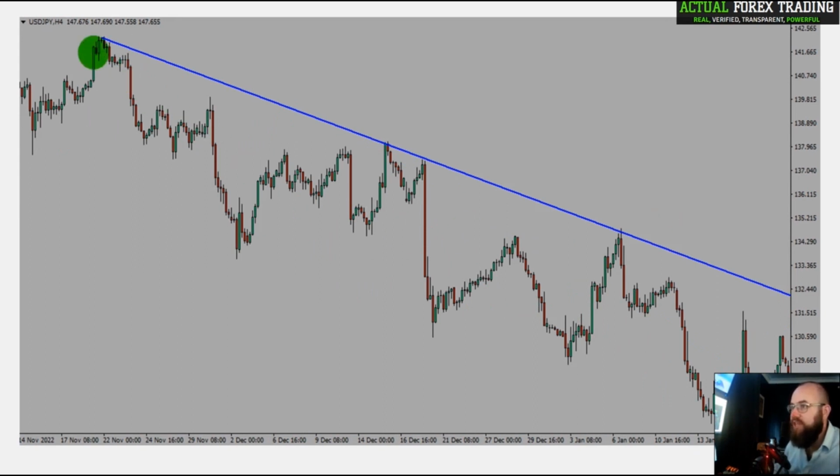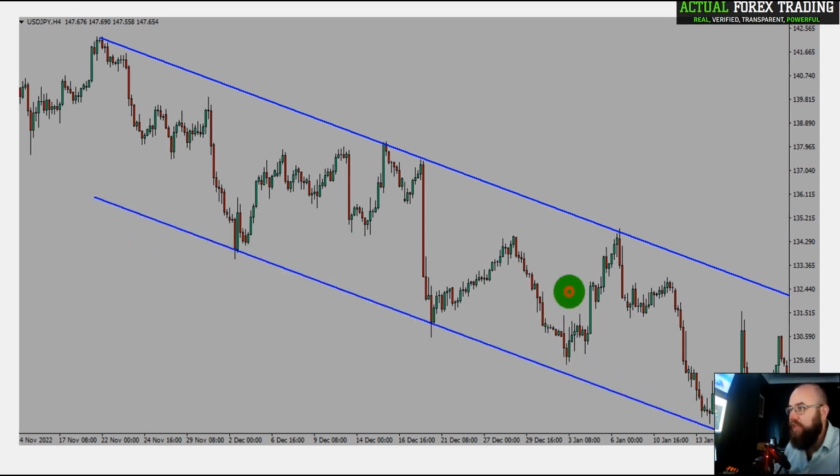Another diagonal resistance here, coming down, price is reversing every time it reaches this diagonal resistance area. Now in this example, we can also connect the swing lows down the bottom here to create a diagonal support. And we have this bearish channel, price moving between the resistance and support areas, the diagonal resistance, the diagonal support, to create this downward channel, this bearish channel.